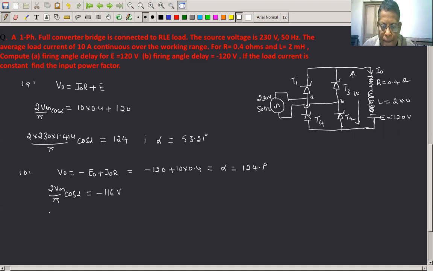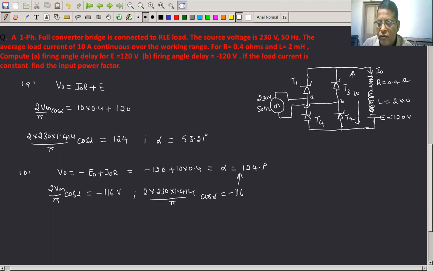Now here, 2 into 230 into 1.414 divided by pi cos alpha equal to minus 116. And if you find the value alpha, we are getting 124.1 degree. Nothing but it is inverter operation. In a rectifier operation, the power is passing from the source to the load. In the inverter operation, the load is giving the power which is taken by the source.